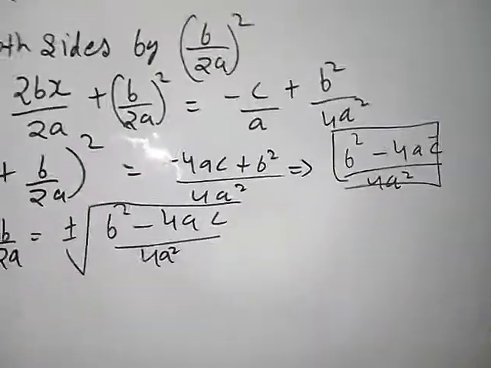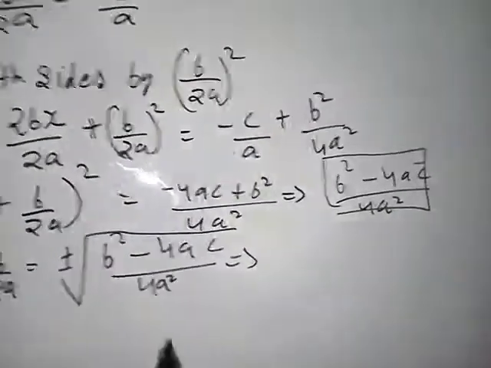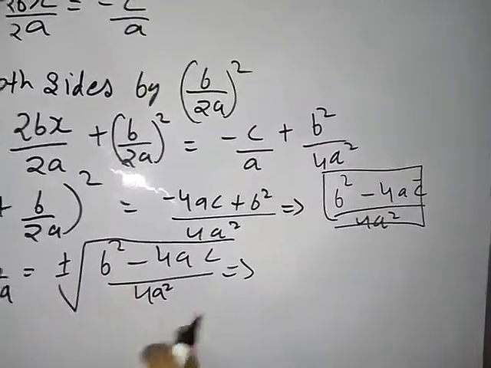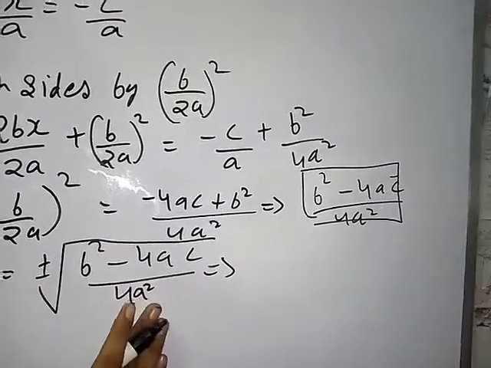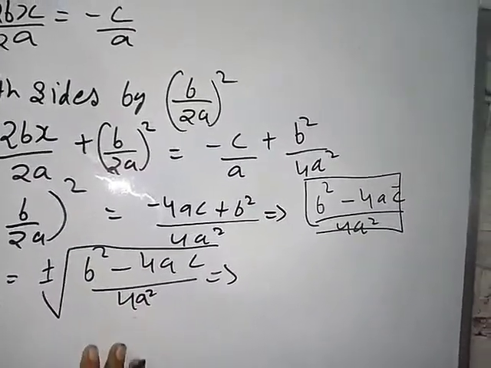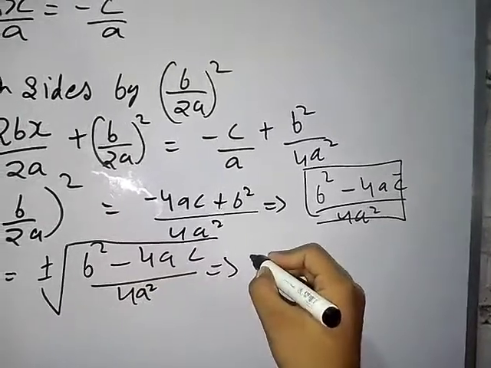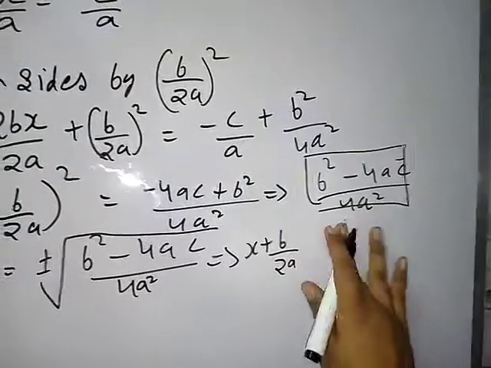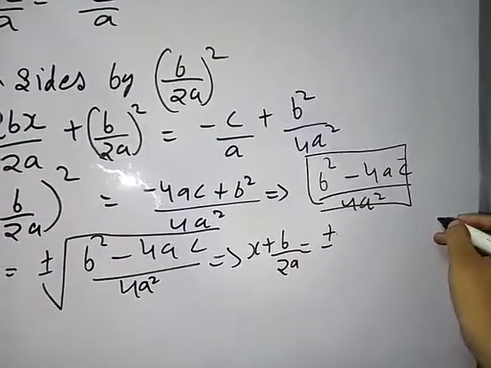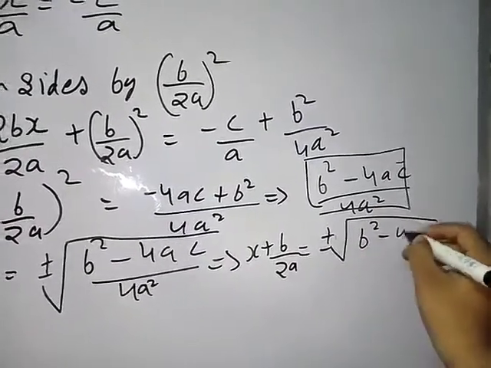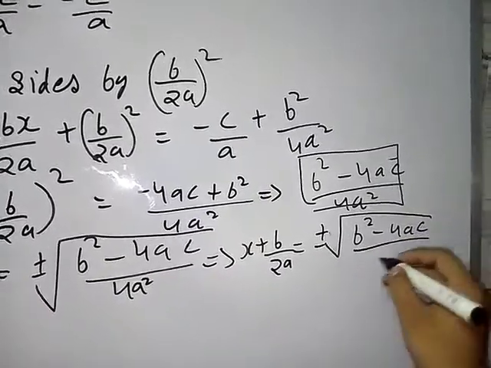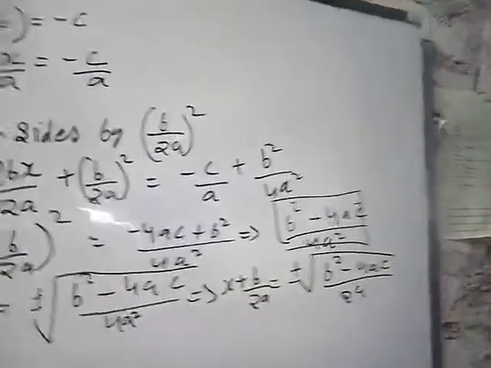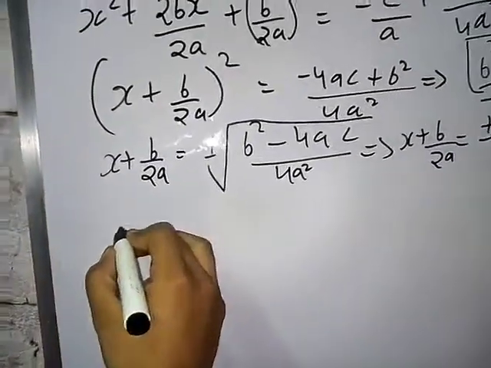In the next step, we are getting that it is 2a whole square, so it would come out of the under root. So what would we get? x plus b upon 2a is equal to plus minus root of b square minus 4ac upon 2a.